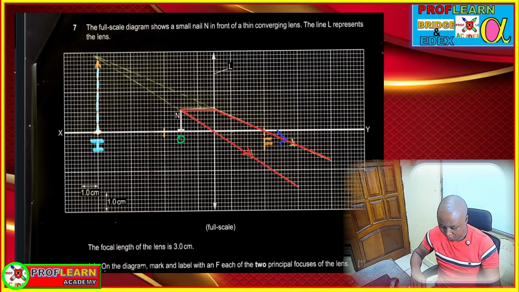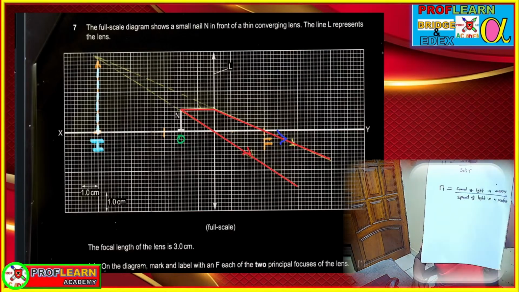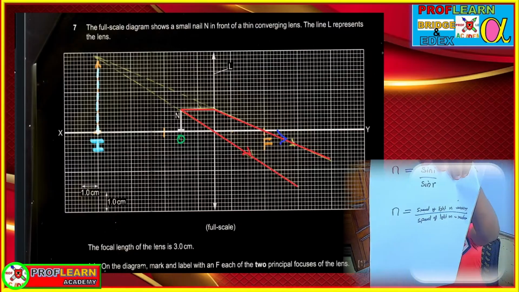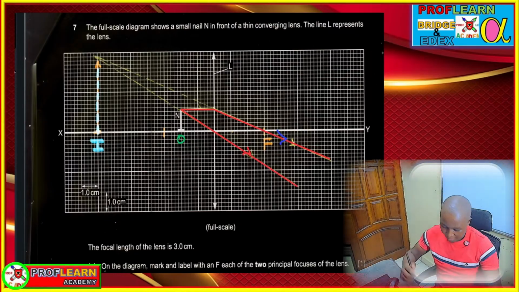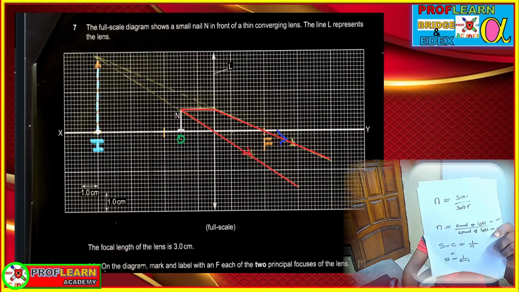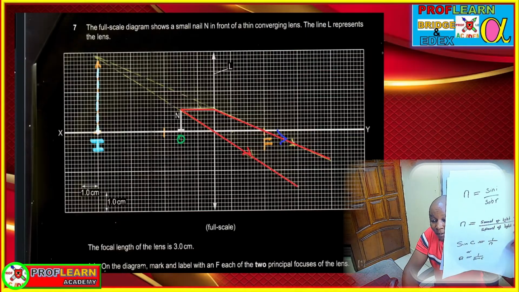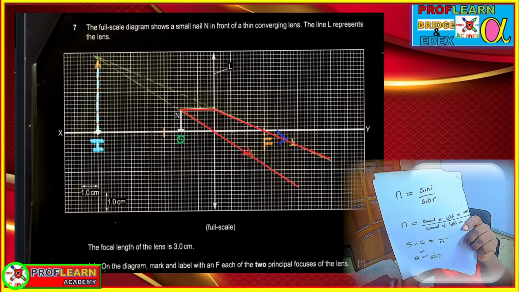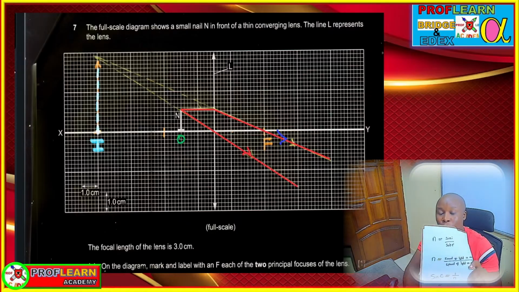So that is the second formula that you are going to remember for you to answer the coming exam on Friday. And then you remember that sine C is equal to 1 over n, or n is equal to 1 over sine C. So these are the three main formulas that you need to prepare as far as that particular exam is concerned.